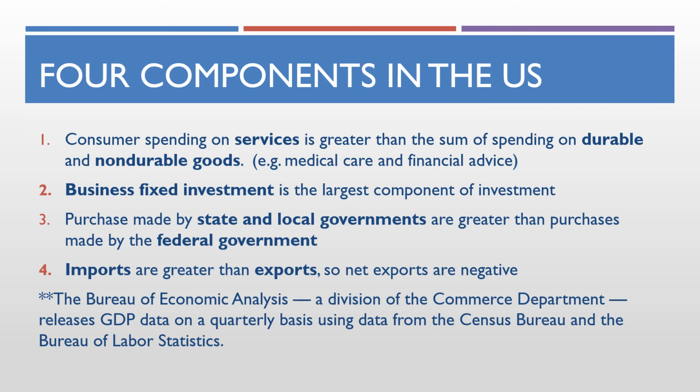Imports in the United States are always greater than exports, so net exports are always negative. Those measurements are captured by the Bureau of Economic Analysis, a division of the Commerce Department.